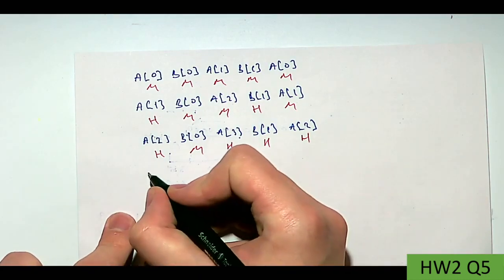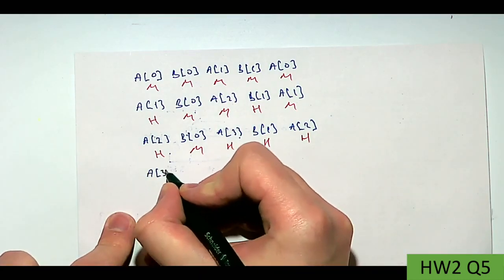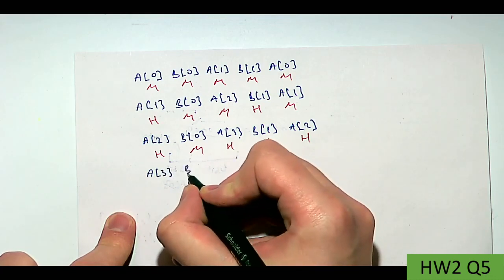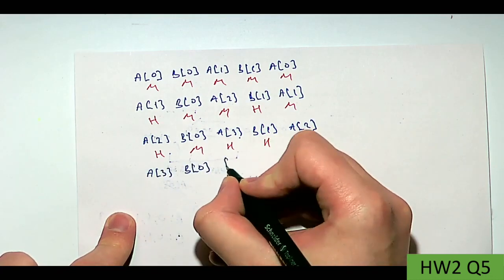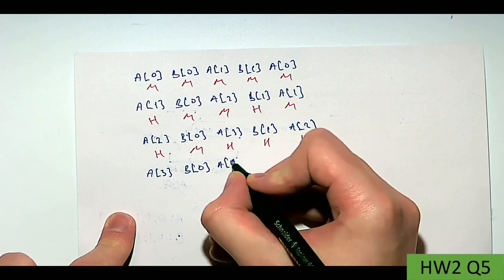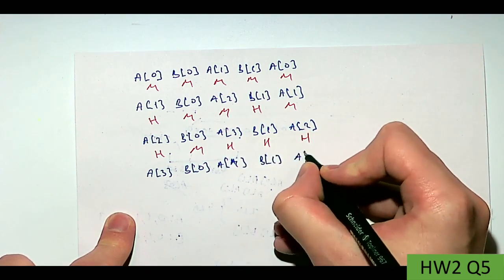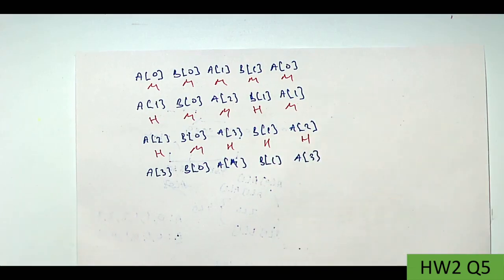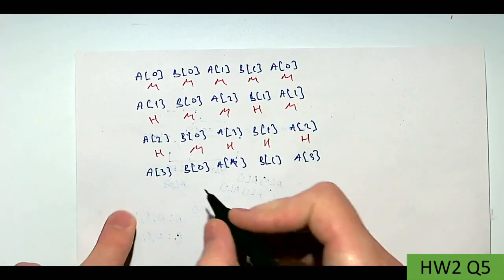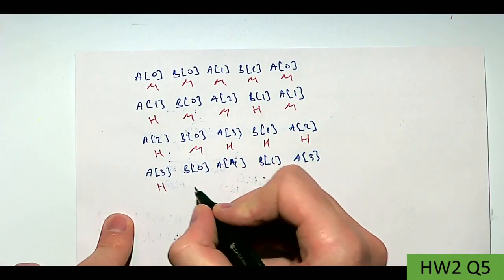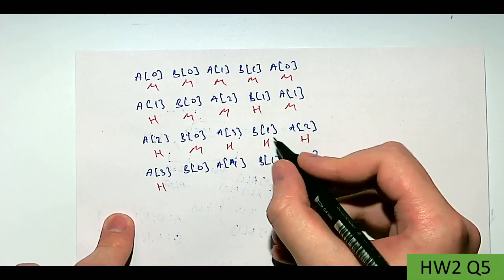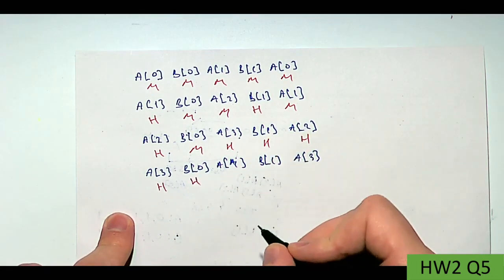Okay, so this is what happens in the third iteration. And I think I'm going to show 2 more iterations. A4, B1, A3. We accessed A3 before. This is a hit. We have still B0 in the cache.